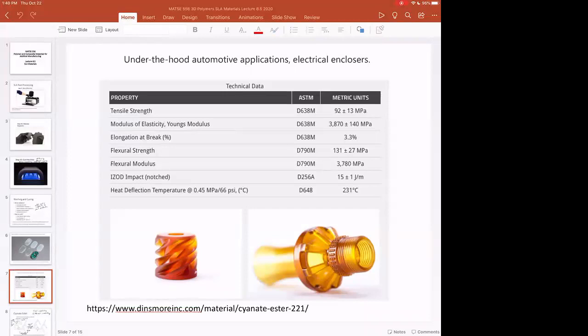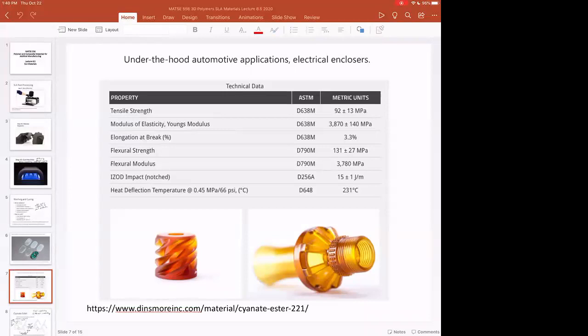So the only thing that hasn't been demonstrated with SLA necessarily are these humongous parts that we'll see where they're printing wind turbine blades, or they're printing trim tools for aircraft wings or things like that.